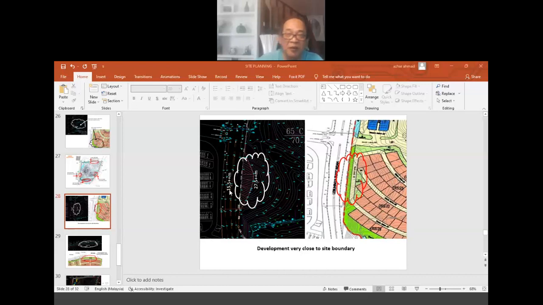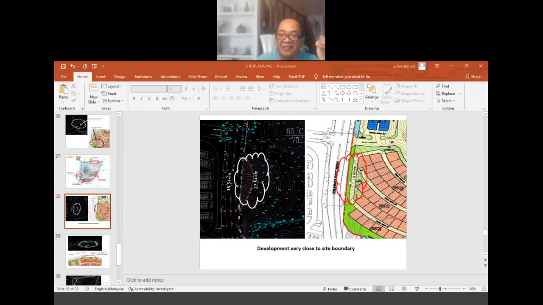Okay, so whatever levels we propose over here, because of the huge difference between these two existing levels, we might need to have some retaining walls provided over here.